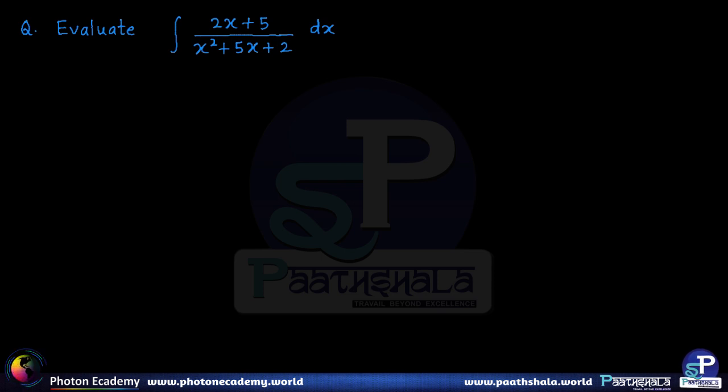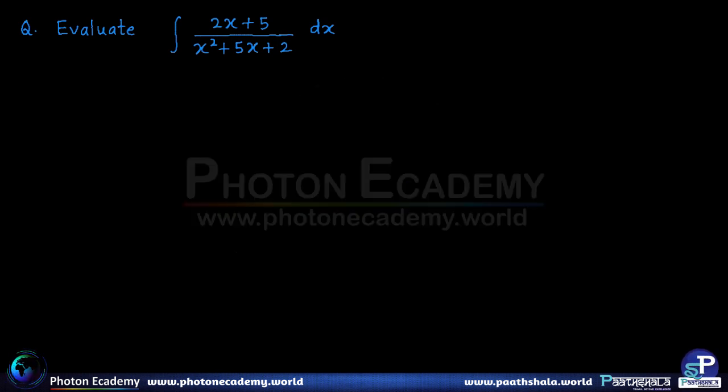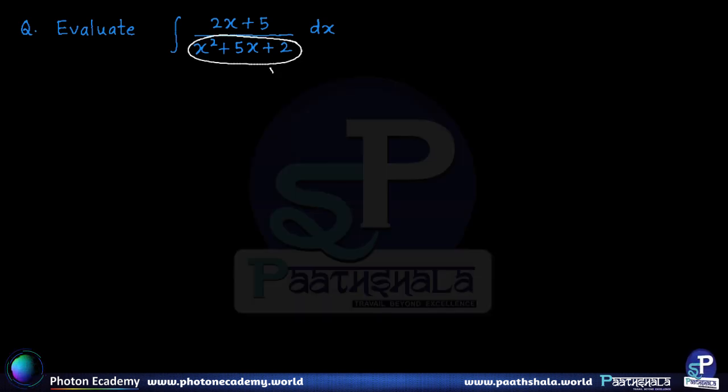Evaluate the integral of 2x plus 5 upon x square plus 5x plus 2. So once again, can we see some function present somewhere such that its derivative is present in the numerator? It won't take long to realize that if we call this function t, then the derivative of this expression is nothing but 2x plus 5, isn't it?